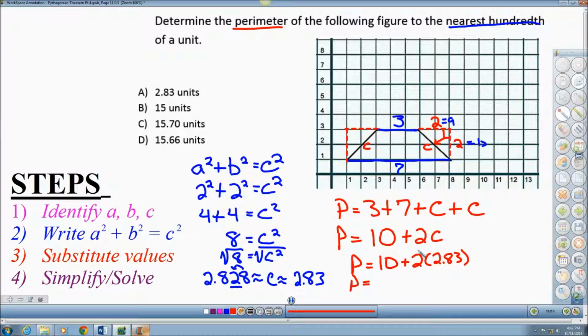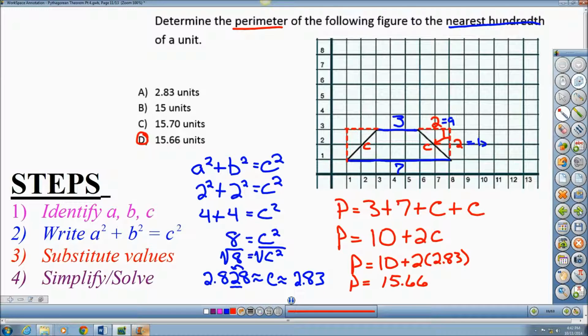I type that in my calculator, or I can type in 7 plus 7 plus 2.83 plus 2.83, and I'm going to get 15.66 units. Well, as you notice, that is D. Okay? I hope this helps you to solve a different style of figure using perimeter.